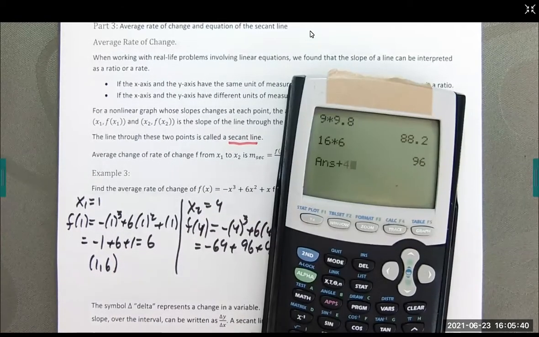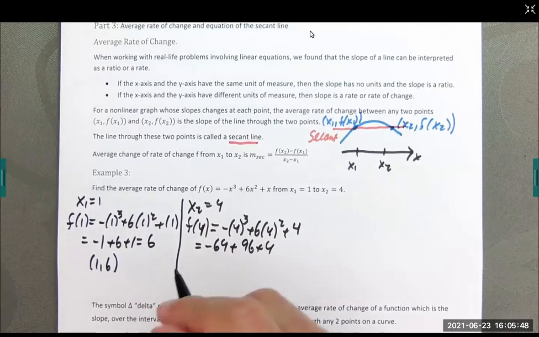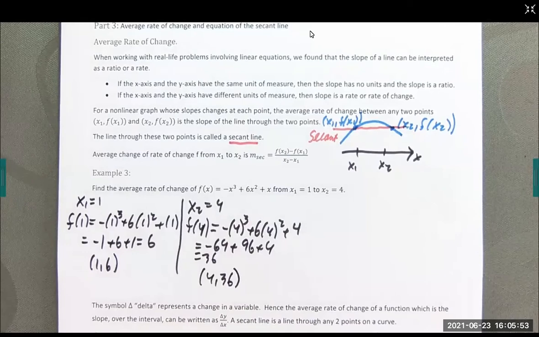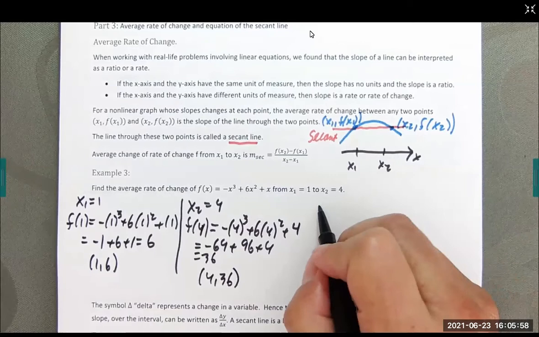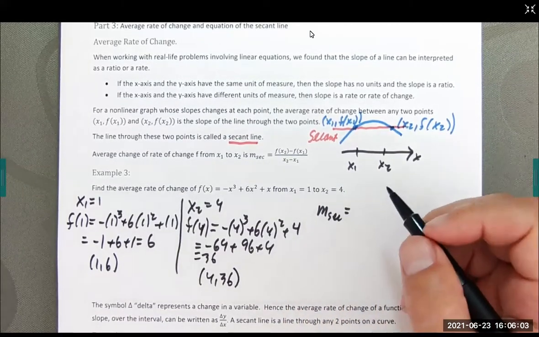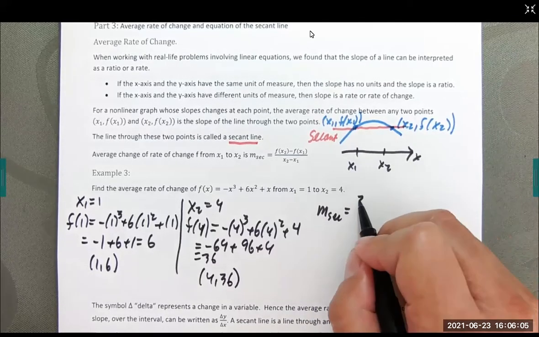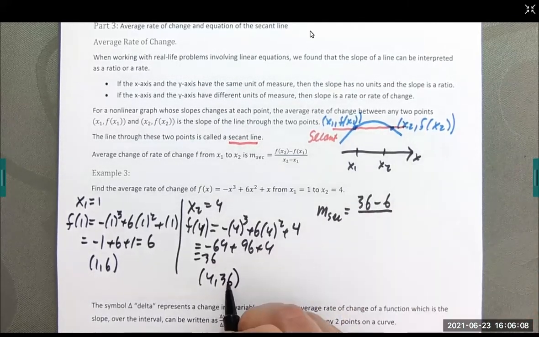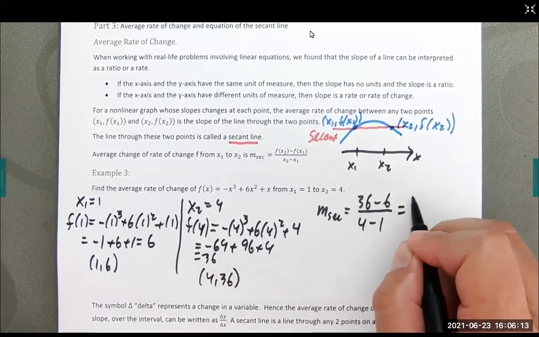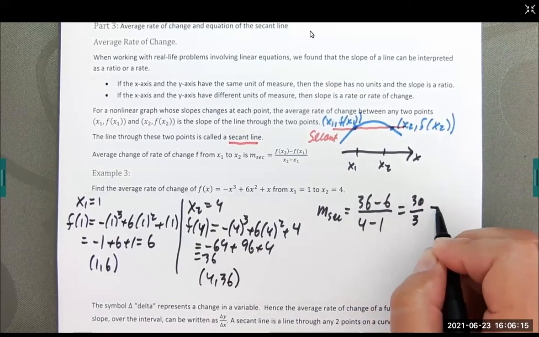Plus 4 minus 64. 36. So these are our 2 points that we want to find the average rate of change, the secant. It's going to be 36 minus 6, y sub 2 minus y sub 1, over x sub 2 minus x sub 1. It gives us 30 over 3, which is 10.